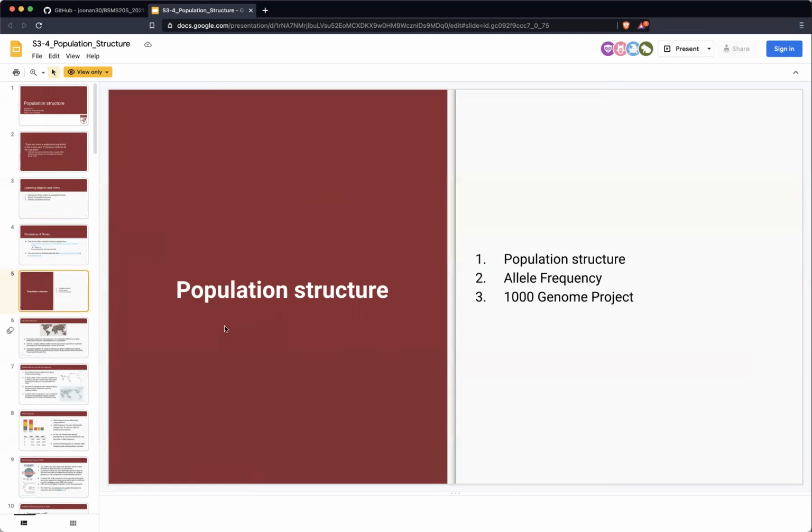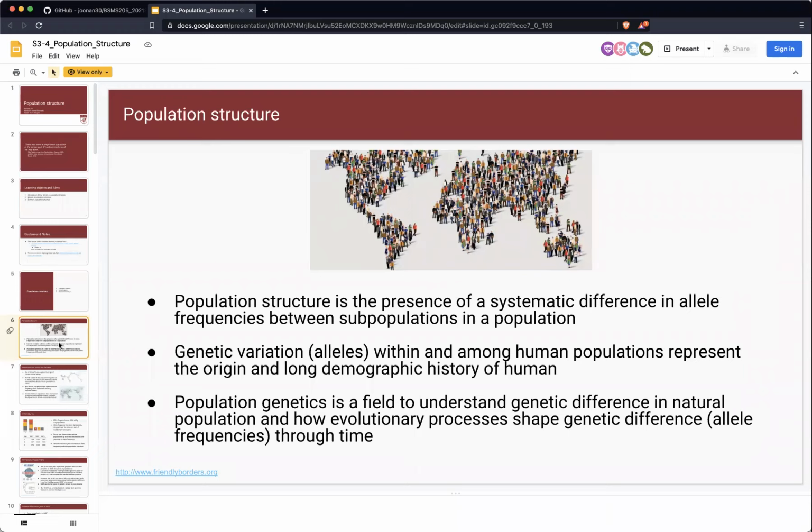Okay, so what is population structure? Population structure refers to the presence of systematic differences in allele frequency between subpopulations in a population. So if you look at the genetic variation within and among human populations, this can represent the origin and long demographic history of humans.